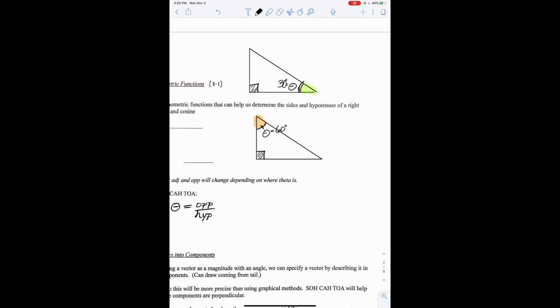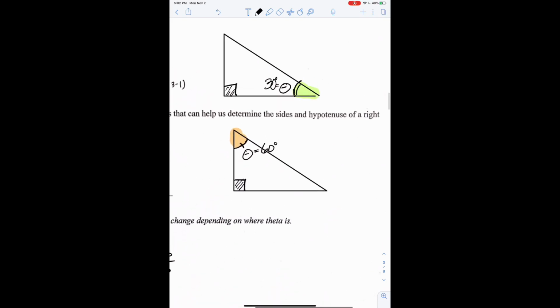So whenever you get a right triangle, you're always going to label three things, and this is super important whenever you do SOH: you always label your triangle correctly. What we have here is pretty much identical triangles, right? Because their angles have to add up to 180. But theta is a different angle in both of them, and theta is just a Greek letter.